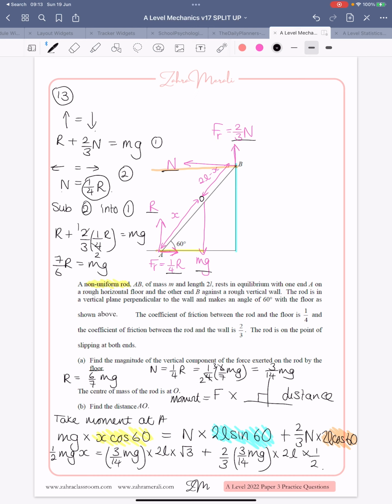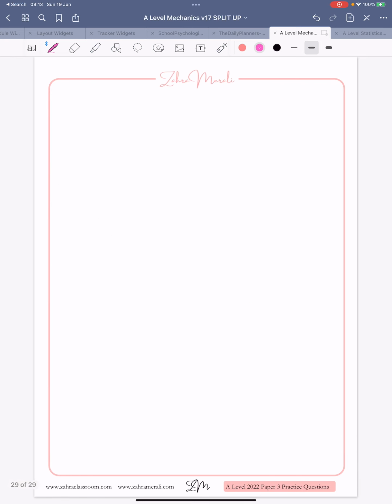Now if you notice there's mg in everything, we can cancel them all out. Is there anything else that's in everything? Nope. We don't even have a half. Okay, perfect. So now if I simplify that, that's going to give me 1/2 x, which equals 3√3/14 L plus 1/7 L, just putting that in my calculator.